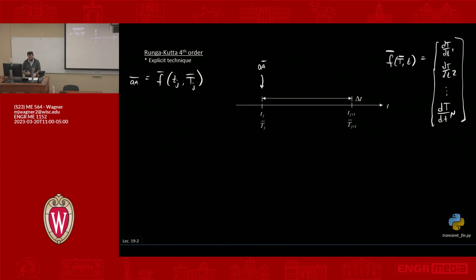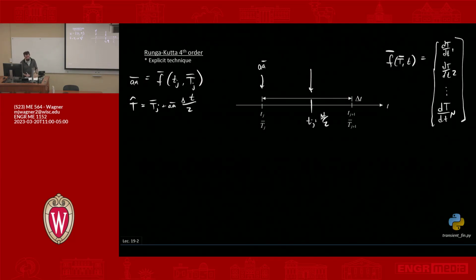OK, then I step forward and I compute my estimated temperature. We're going to call my estimated temperature T hat. That's going to be T bar j plus AA bar times delta T over 2. What is that saying? I'm going from the current temperature, stepping forward half the time step, and I'm going to make my next evaluation at tj plus delta T over 2.